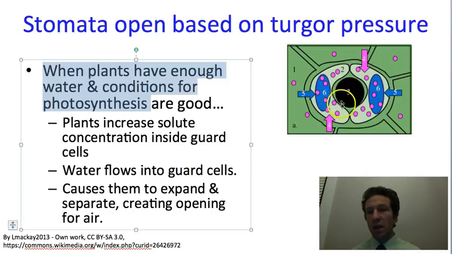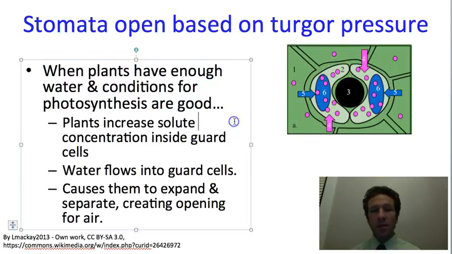So what we see here in this light greenish yellow color is one guard cell and the second one. And we see these pink arrows indicating that this pink solute is getting moved from outside of the cells into the guard cells. This is going to be important because once the solute concentration gets high inside the guard cells, then we are going to get the movement of water represented by these blue arrows into the guard cells as well.